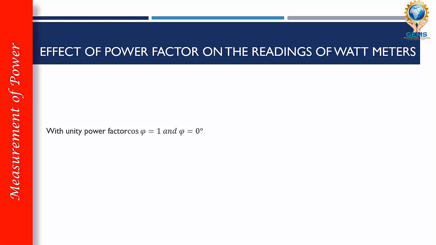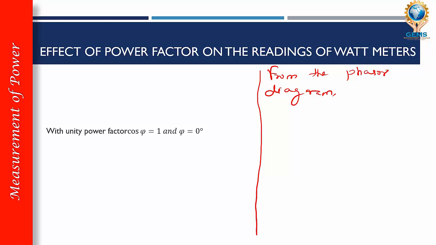So we know from the phasor diagram P1 is equal to V13, which is the line voltage, I1 cos(30 minus phi). So one wattmeter will read cos(30 minus phi), because the voltage lags the current by an angle of 30 minus phi.